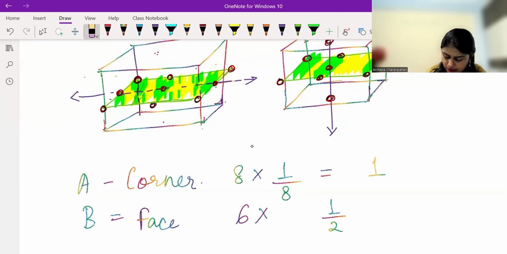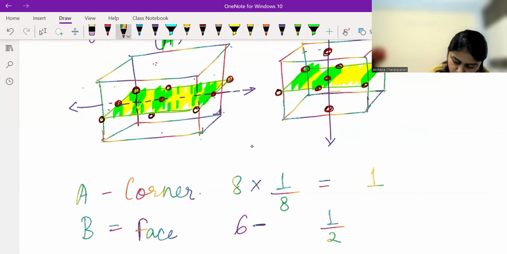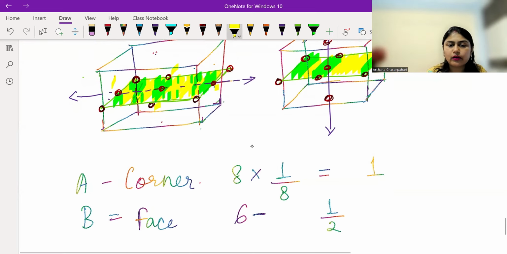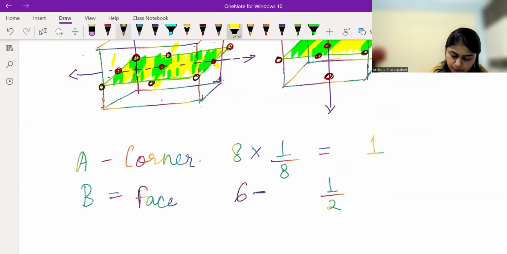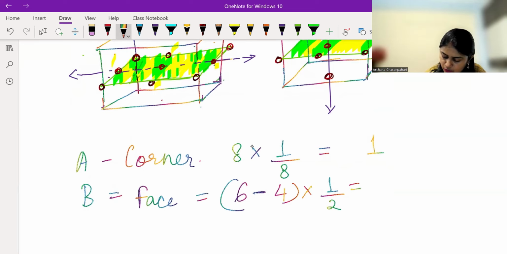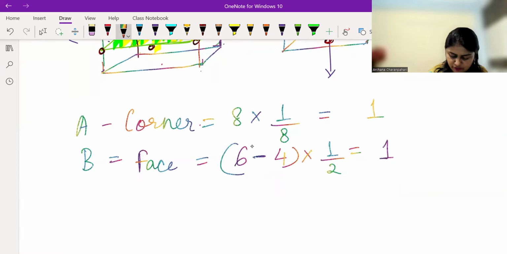But out of that, you have 4 atoms missing. As you can see, 1, 2, 3, and 4 in case A. So 4 atoms are missing, and you will be getting totally in this case 1 as the contribution on mathematical simplification.